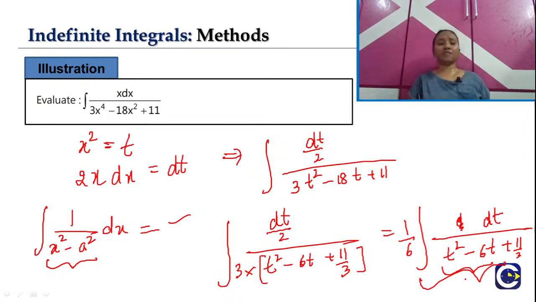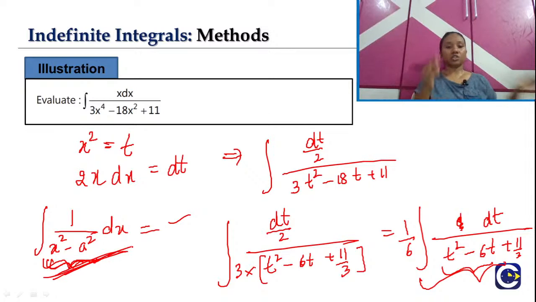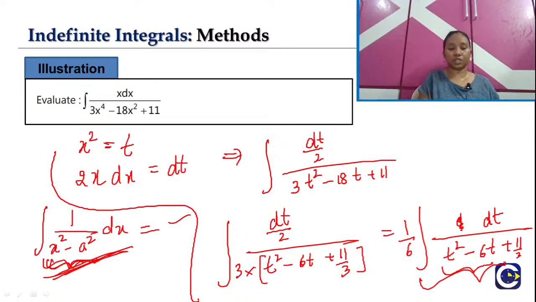This can be converted into this form also, because we won't be properly factorizing here. So you can write it in this form and apply the formula accordingly. Don't worry, I'll give you this set of formulas at the end of the session. So that's the way of simplifying this given question.